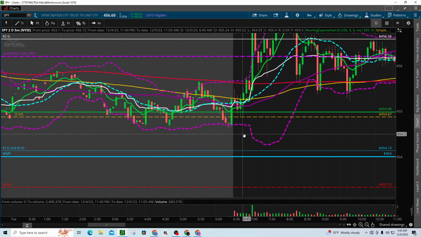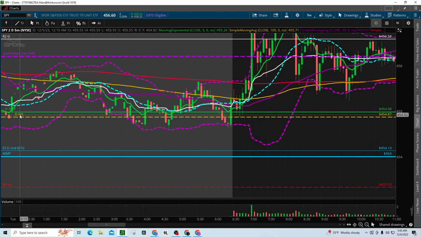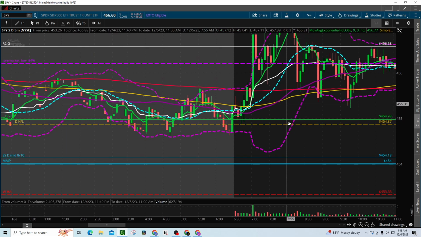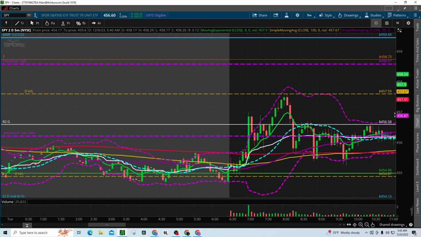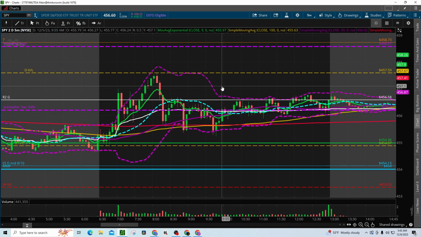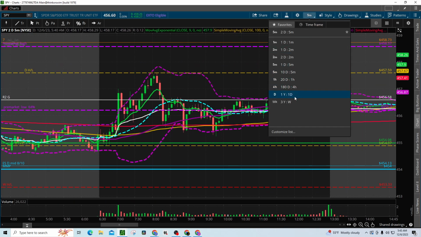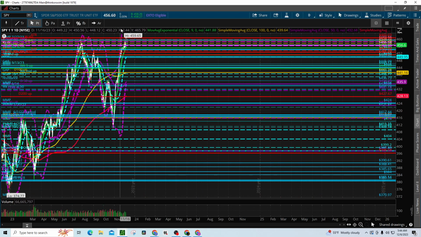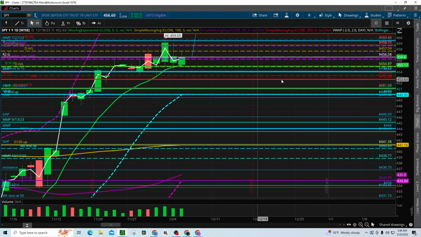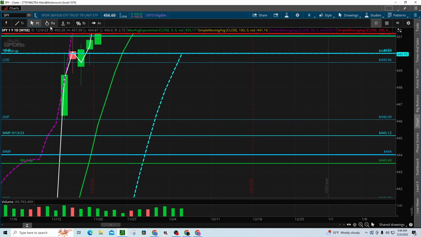Here's the daily low, daily high low. So this is the daily low, and then this is the daily high. Going to the daily chart here, I'm updating these lines.